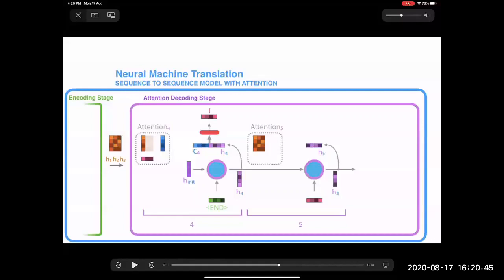Now you can see that I has to go into my unrolled version of the same RNN. Given H4 and the previous output, I have got H5. Given this H5, I learn the attention again, over H1, H2 and H3.